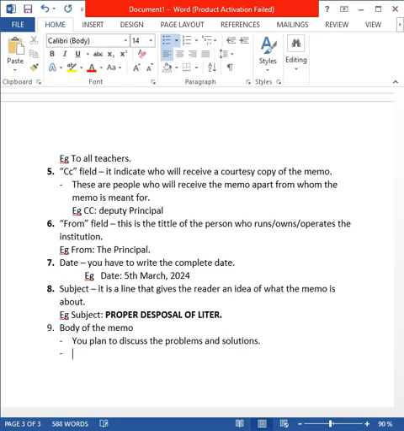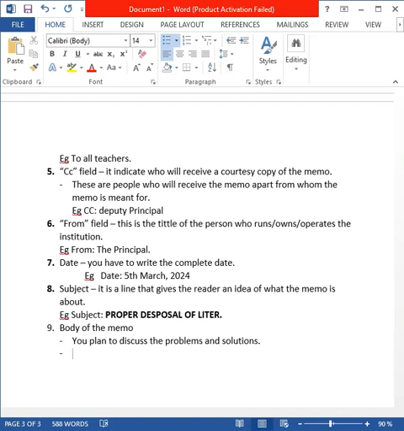For example, that is an internal memo about teachers. If they plan to discuss the problems and solutions, they discuss that in class we do not have enough chalk and we need more chalk. So what's the solution? That in the next budget, the head teacher has to add more money for chalk. So you see, in that case, we have a problem and a solution.